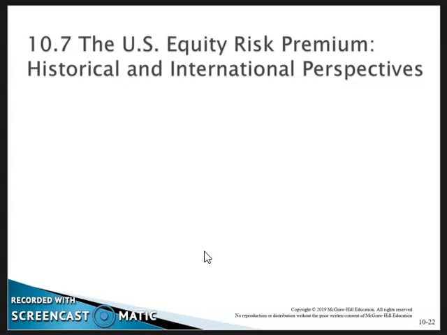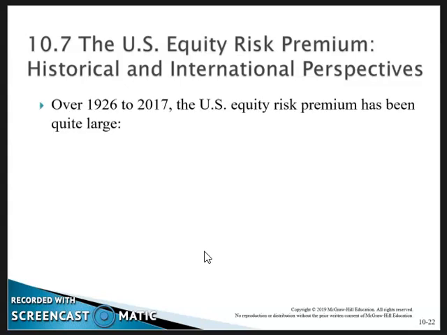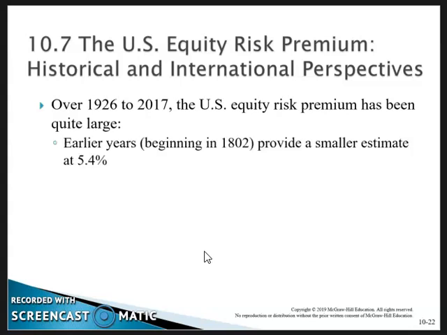So, the U.S. equity risk premium. Here's a historical and international perspective. Over the period we were discussing, 1926 to 2017, the U.S. equity risk premium has been fairly large. In earlier years, if you go back to 1802, we were looking at a risk premium around 5.4%.